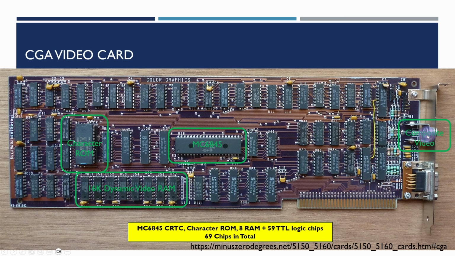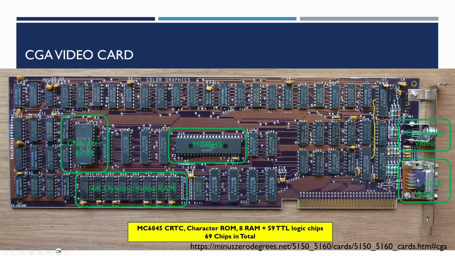There's a composite video output, so this would go to a compatible monitor with a composite video, and it could also be used with an external RF converter to plug into a standard NTSC American TV. And they've also got the TTL CGA video output. So these were digital outputs which required a compatible CGA monitor.